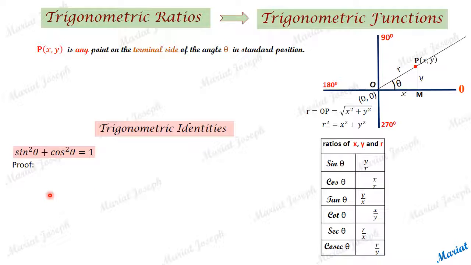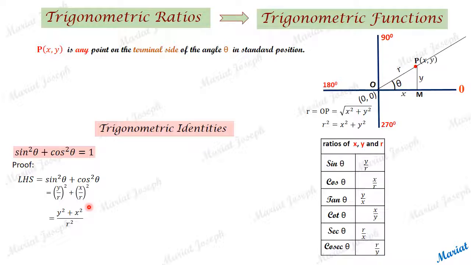Here we go. For the proof, I take the left hand side, sine square theta plus cos square theta. And according to the definition, sine theta is y upon r and cos theta is x upon r. Let me use these two ratios in place of sine theta and cos theta. So it can be rewritten as y upon r whole square plus x upon r whole square. Which means y square upon r square plus x square upon r square.